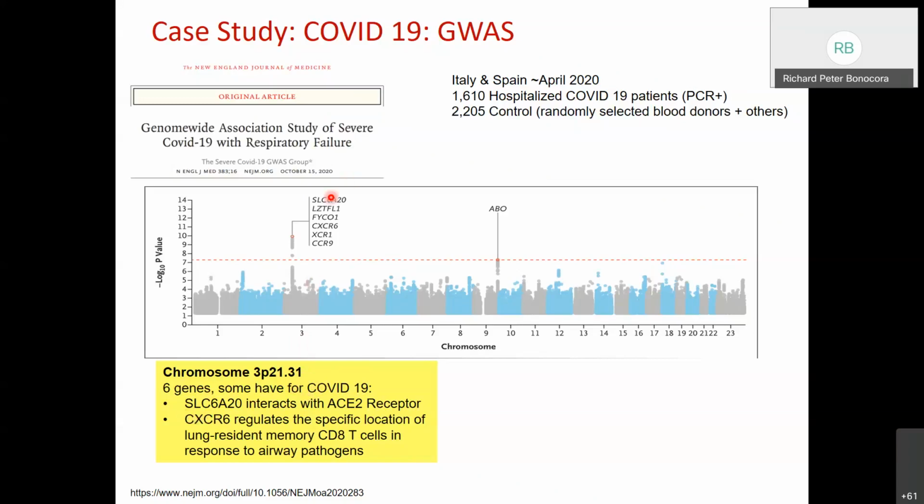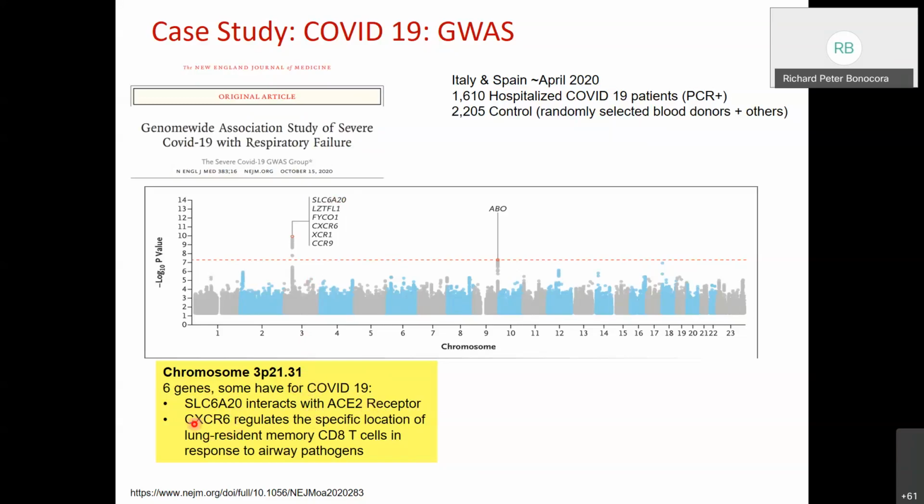This top one listed here, SLC6A20, is known to interact with the ACE2 receptor, which is the receptor that COVID-19 recognizes to gain entry into the cell.